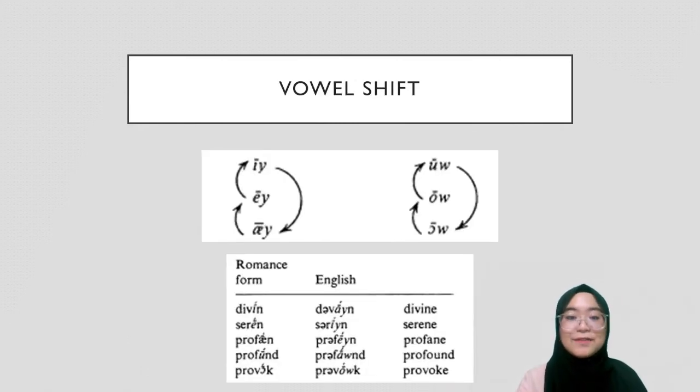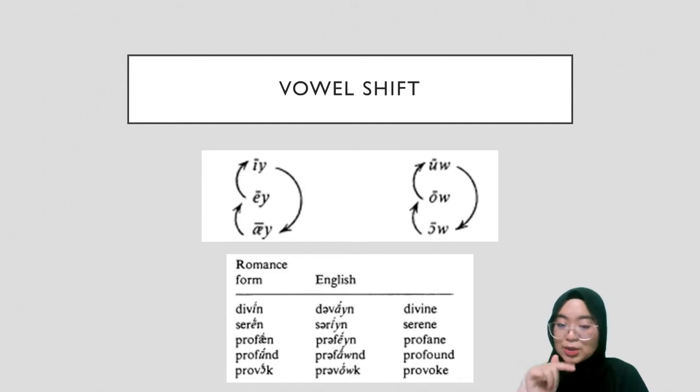The next is vowel shift. How do we exchange I, A, and A into U, O, and O? Of course, it is for shifting the language also. The effects of the great vowel shift are easily observed in words of French or Latin origin.